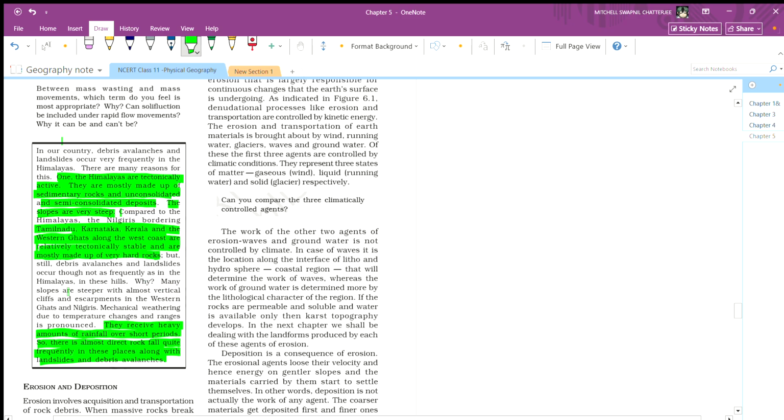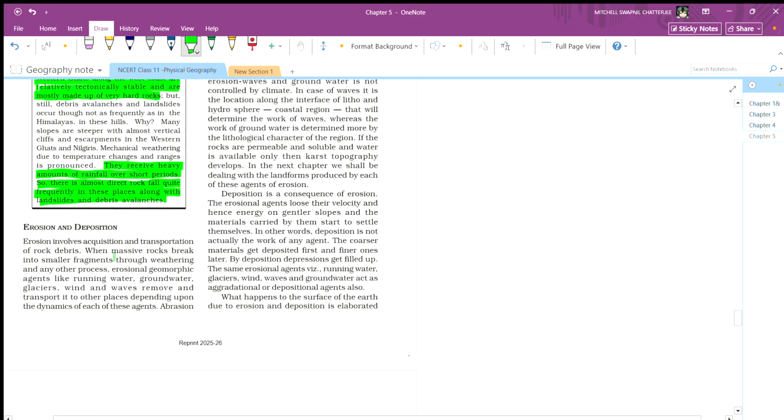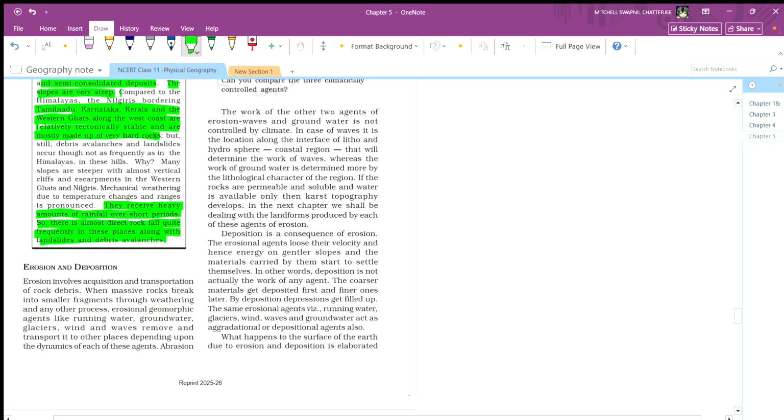Many slopes are steeper, with almost vertical cliffs and escarpments in the Western Ghats. Mechanical weathering is due to temperature change and range is pronounced. So these are all the things. That's why the Himalayas suffer a lot of avalanches.